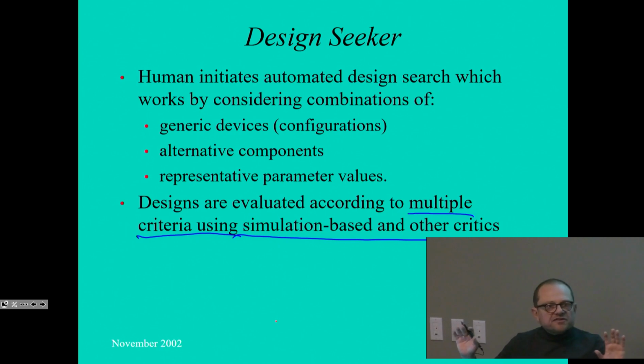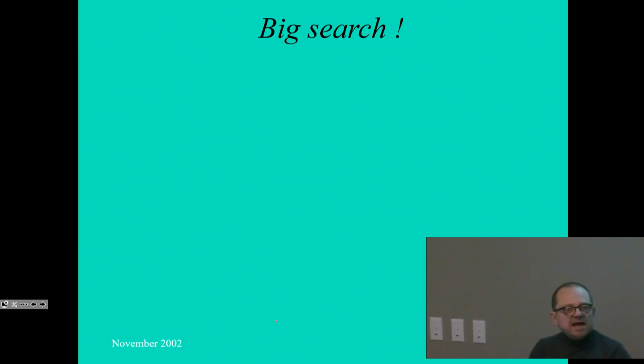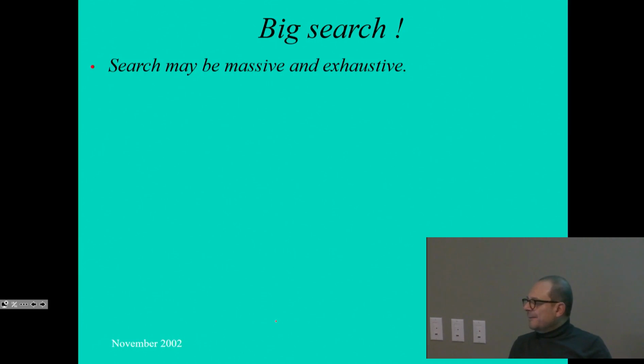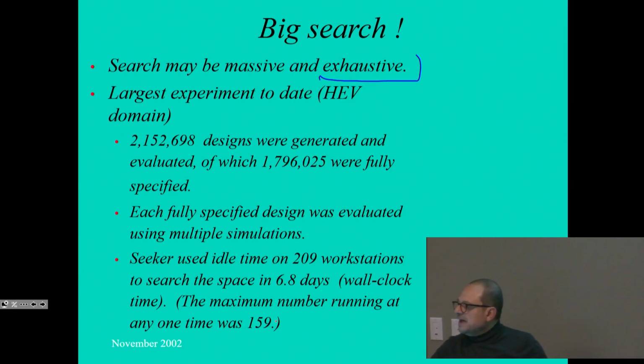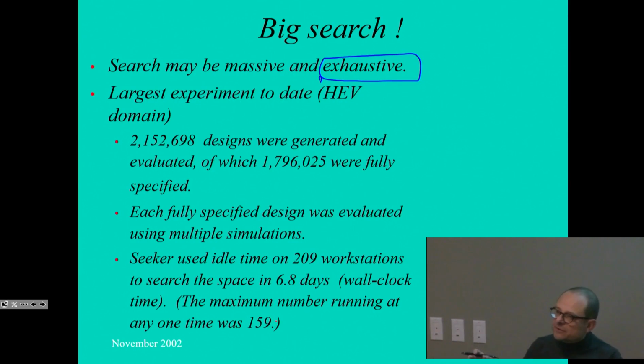No. You're just simply going to evaluate these criteria. So at the end, you're going to have so many different outputs. No judgment made yet. It's a big search, right? Because we are not limiting ourselves. And this search could be massive, and we would like it to be exhaustive. We would like to make sure that at the cost of simulating some pretty stupid architectures, we will, however, not miss some hidden treasure that we might not have found otherwise.